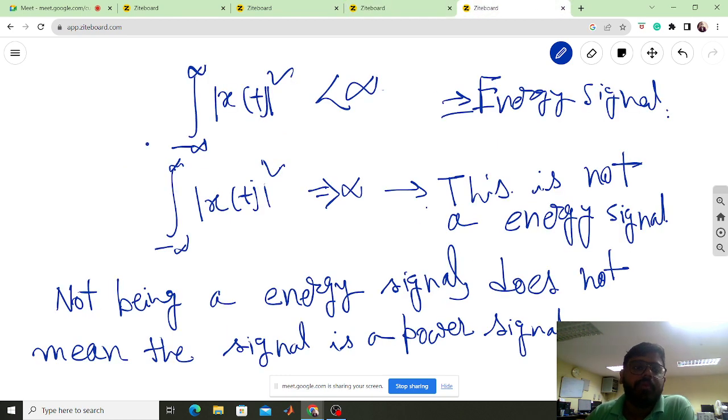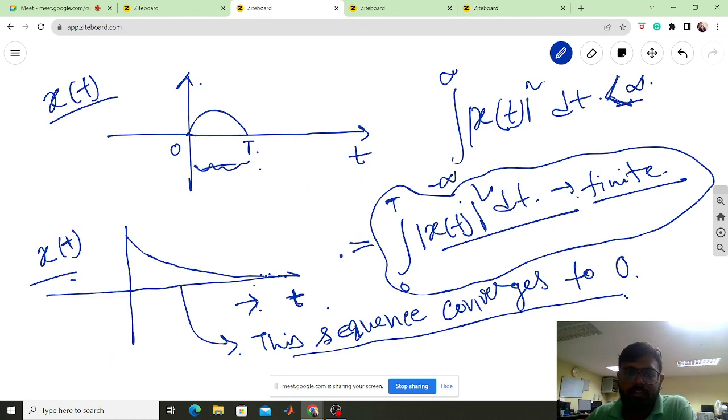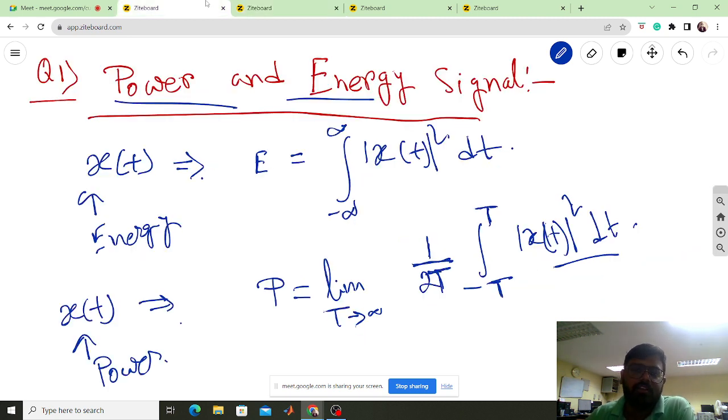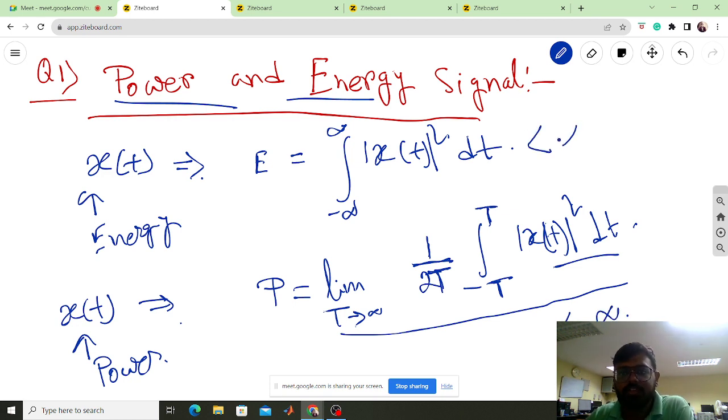The condition of the power signal is this condition. This quantity should be less than infinite. This should be less than infinite. So these two conditions should follow.